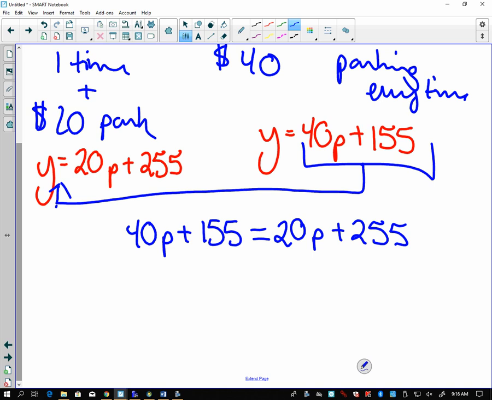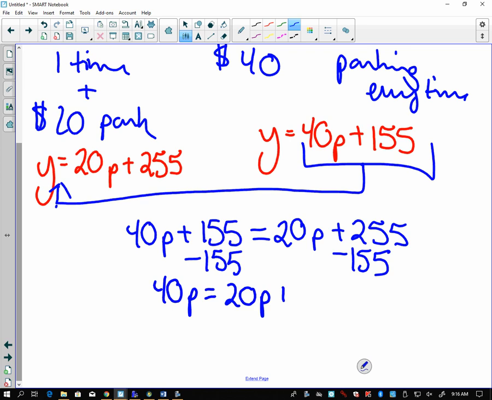Sorry, I already forgot what somebody said I should do next. What should I do next? Subtract 155 from both sides. Okay, now what? 40p equals 20p plus 100. Okay, now what?